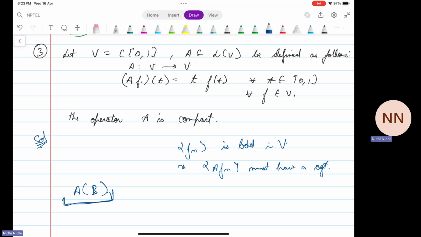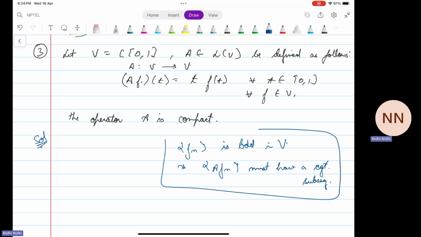And since it is compact, it must have a convergent subsequence.